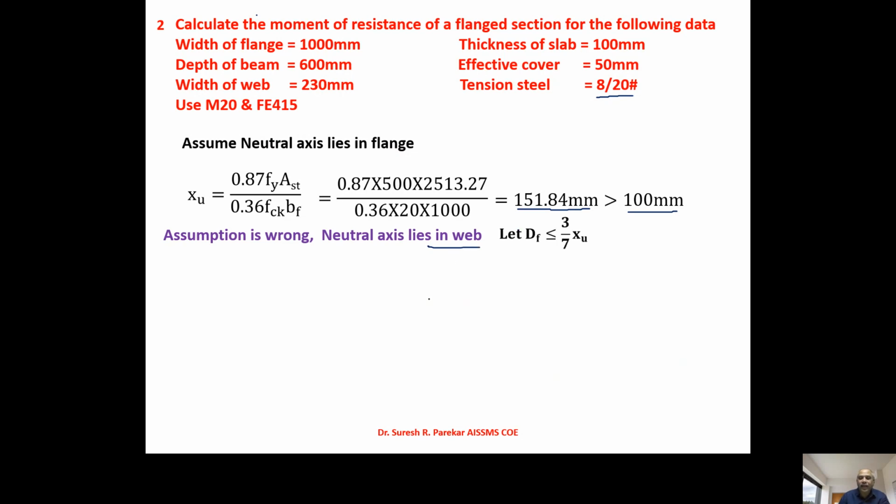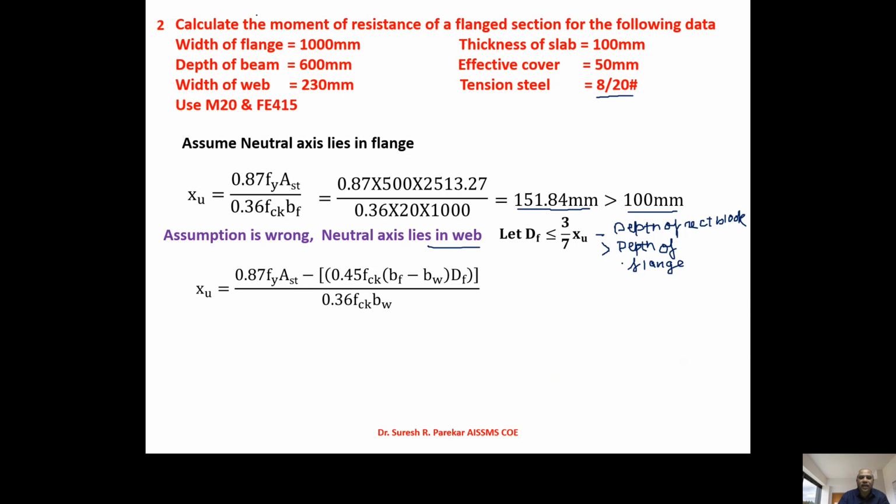Now we will have DF less than or equal to 3/7 XU, meaning my depth of rectangular block is greater than the depth of flange, and this is most important for the second case.